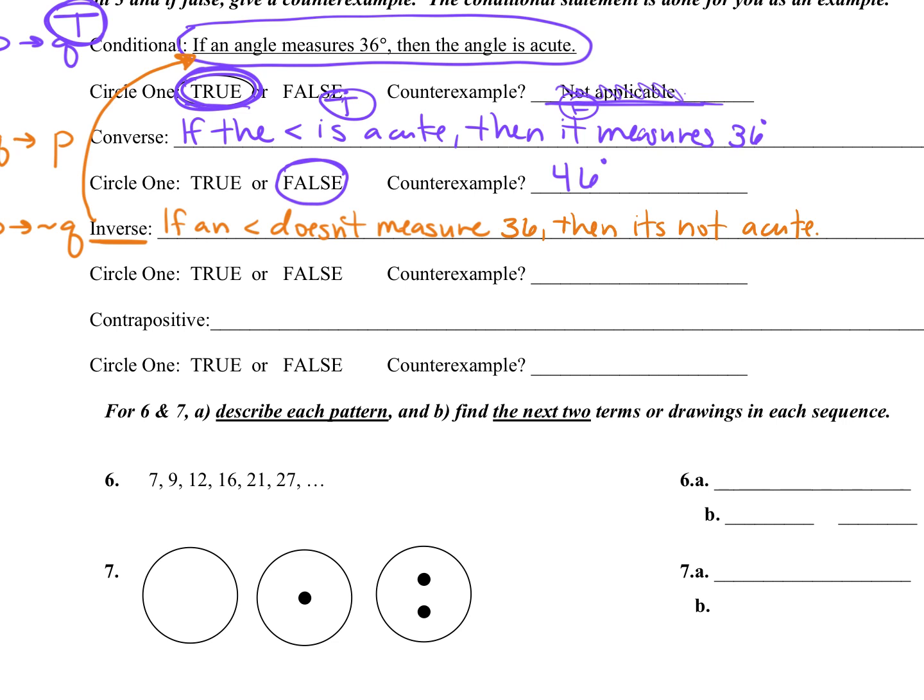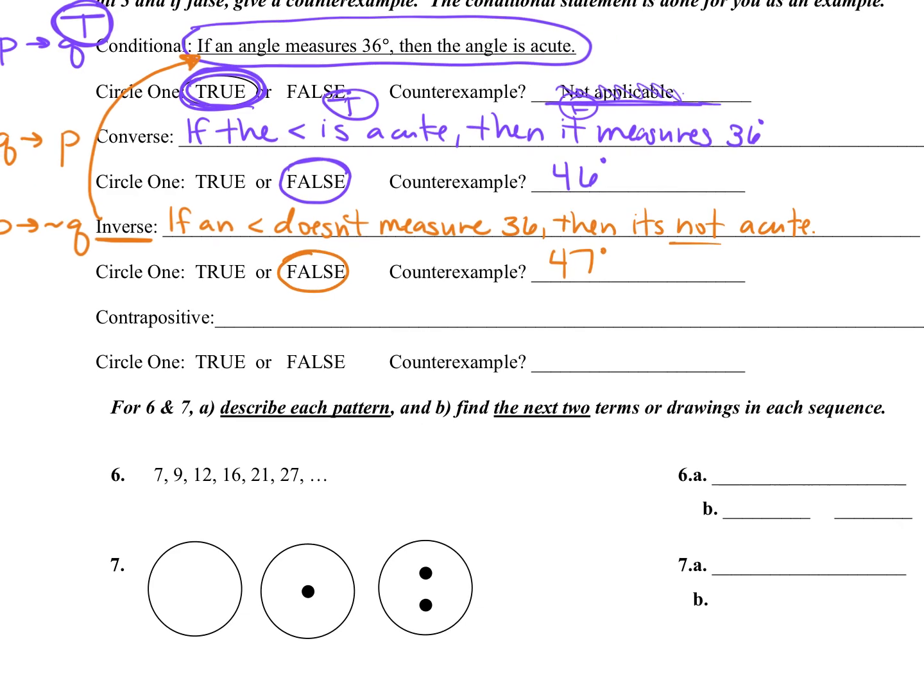Now stop and think about that. If an angle is not 36 degrees, could it still be an acute measure? Yes, but we just said then it's not acute. So this is false. And what would a counterexample be? 47.